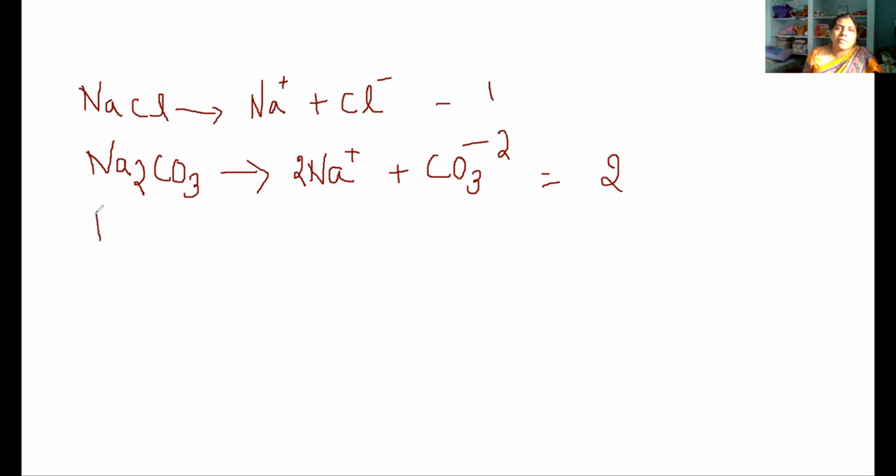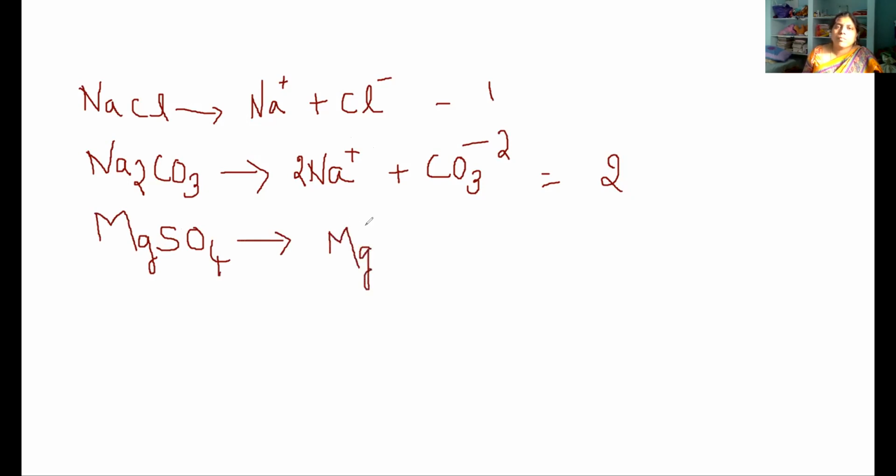Then next, chloride and sulfate we will take. MgSO4. So how will it split?